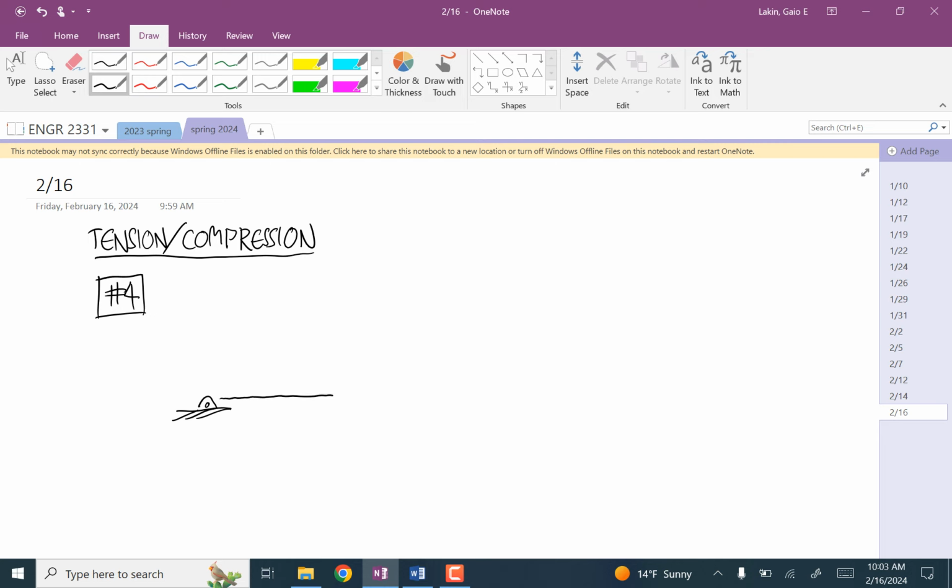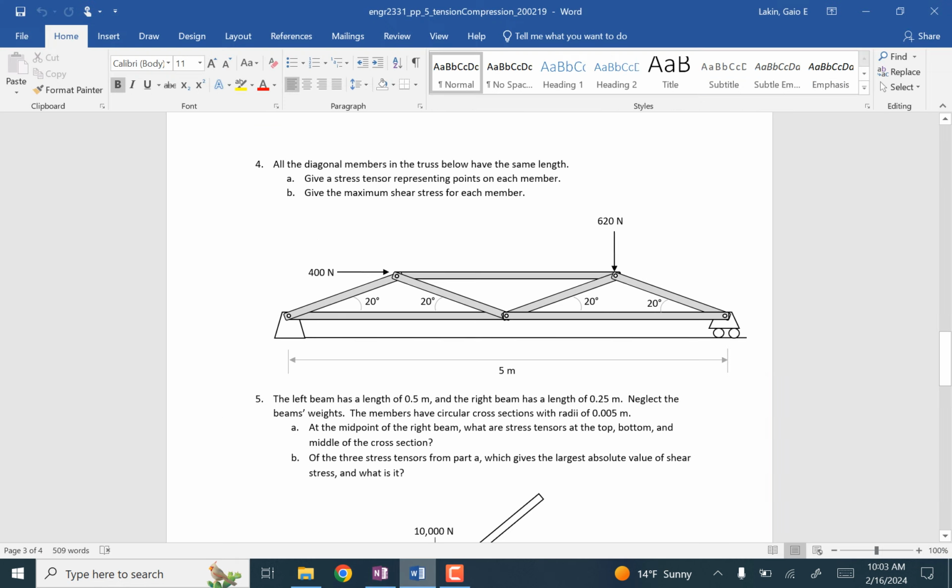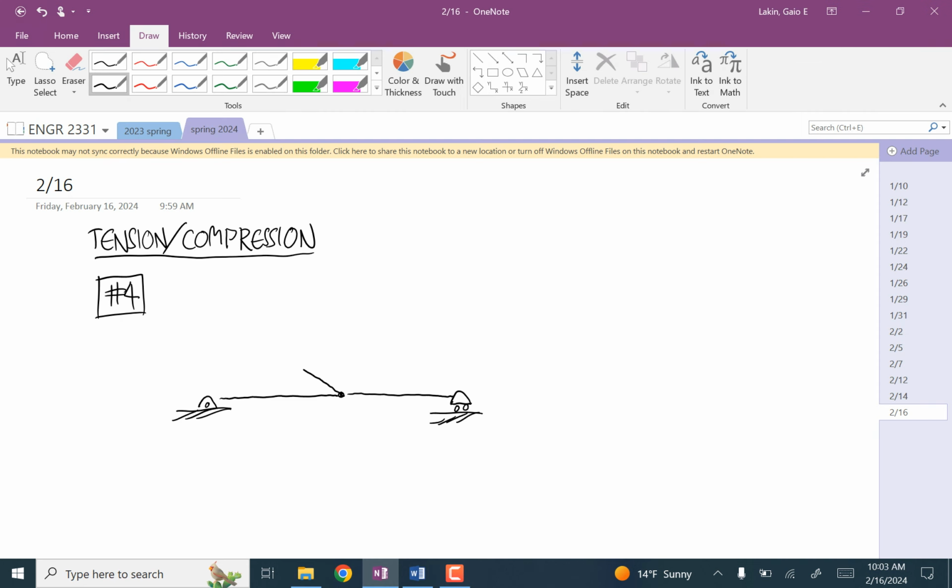And it looks like this. And all these angles are 20 degrees.